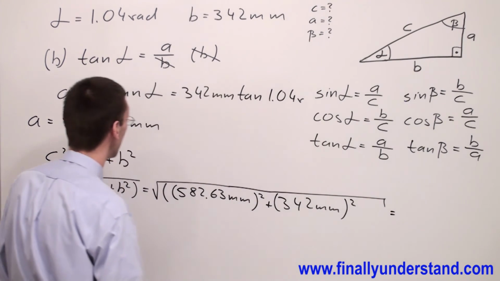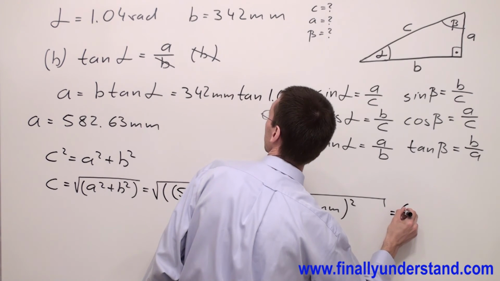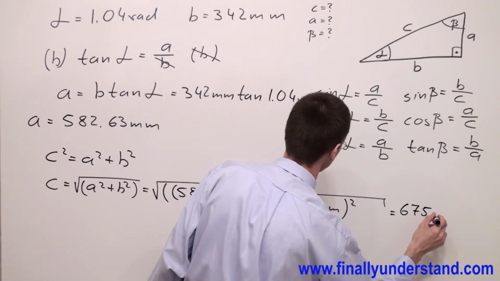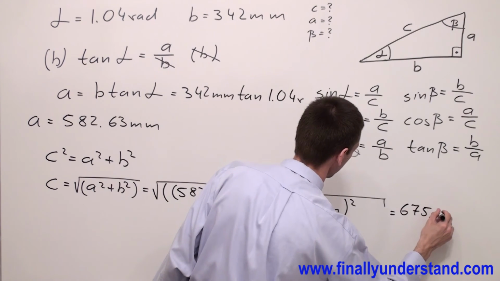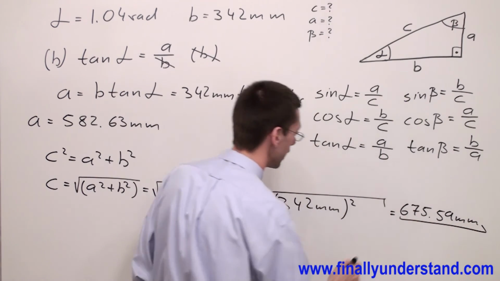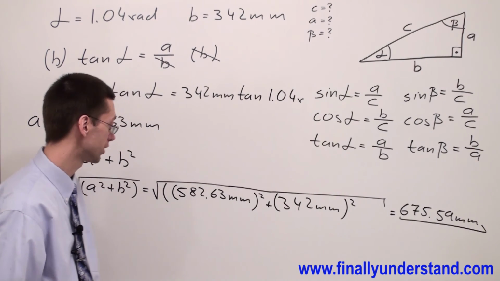This is equal 675.59 millimeters. And this is the length of the hypotenuse, side C.